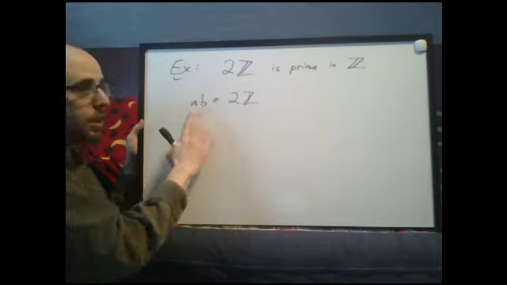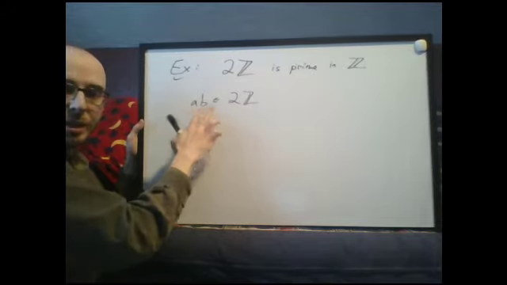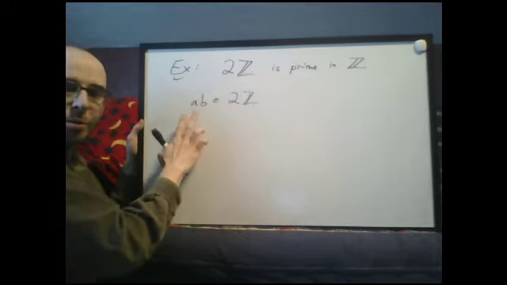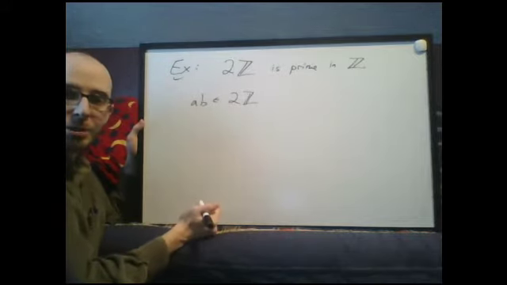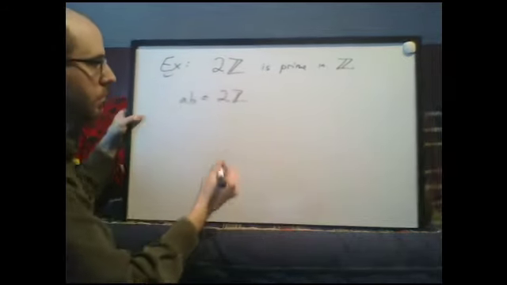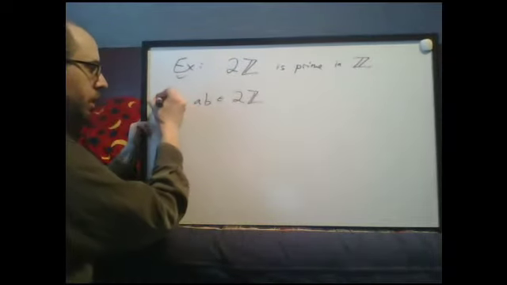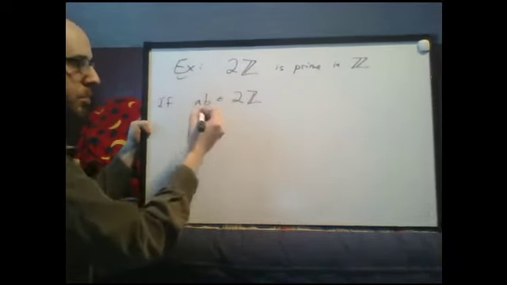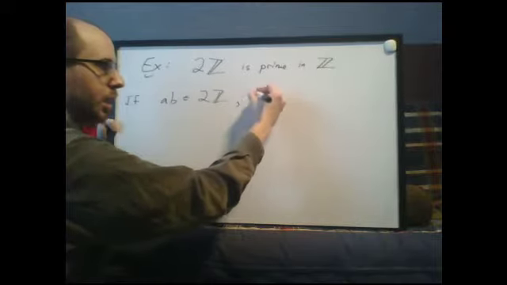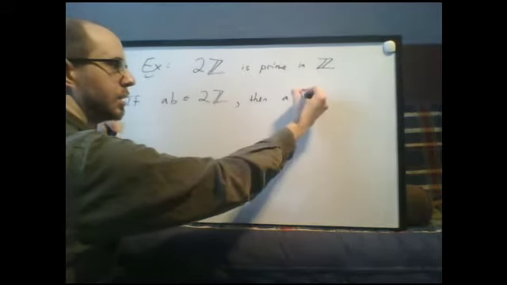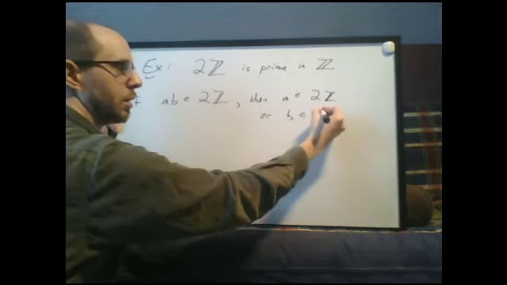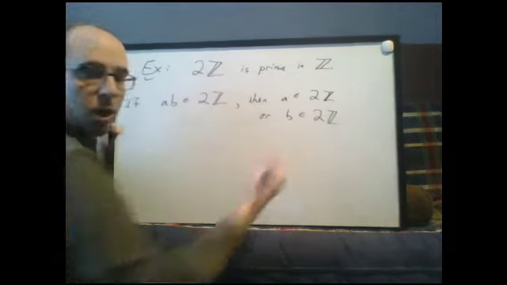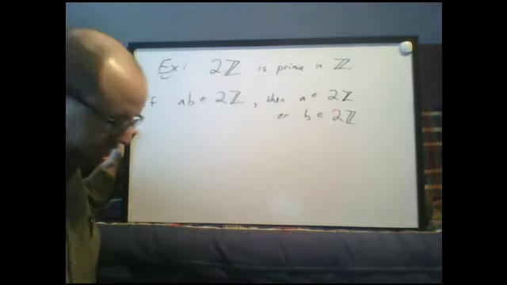In other words, if neither of these was in 2Z, if a was odd and b was odd, a times b would also be odd. So if a times b is in 2Z, then a is in 2Z or b is in 2Z. Maybe both, but at least one of them has to be in 2Z.